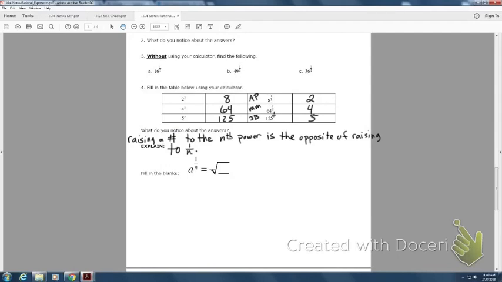Okay, so whatever this n, it was 3 on this table. That was that example. That 3 can be any number. Alright, so those are the opposites.